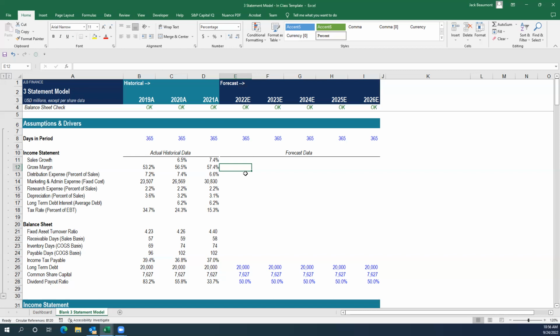Okay, so let's go ahead and get started here, and I'll quickly introduce you to probably the three main ways that we go about finding forecast data. It depends, for one, on who is performing this analysis.